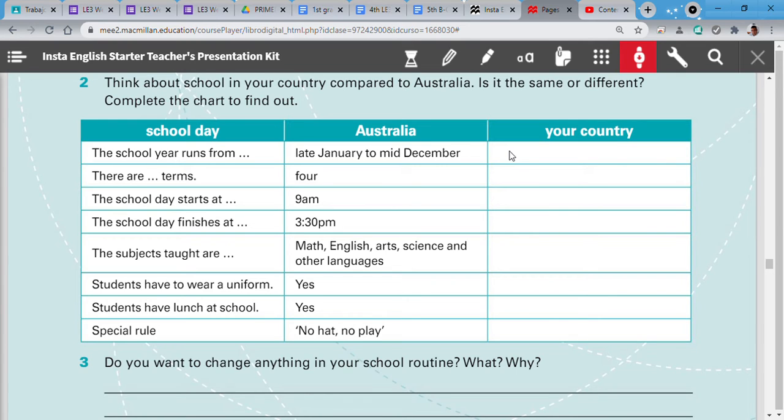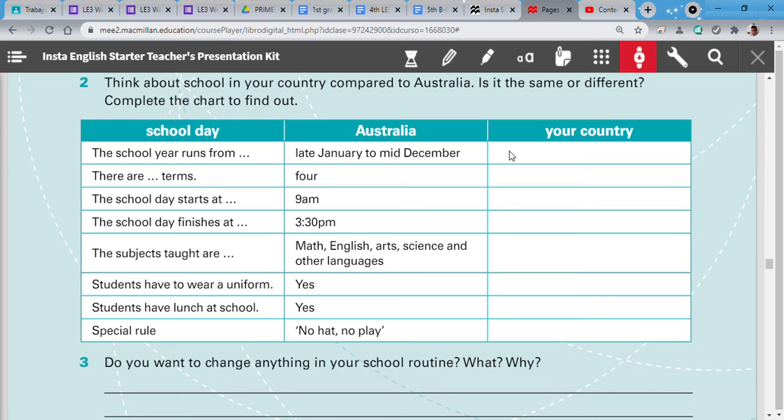The subjects are math, English, art, science, other languages. What about Peru? Math, yes. English, yes. Art, yes. Science, yes. Other languages, English. That's it. Okay. Students have to wear uniform? Yes. In Peru, yes.